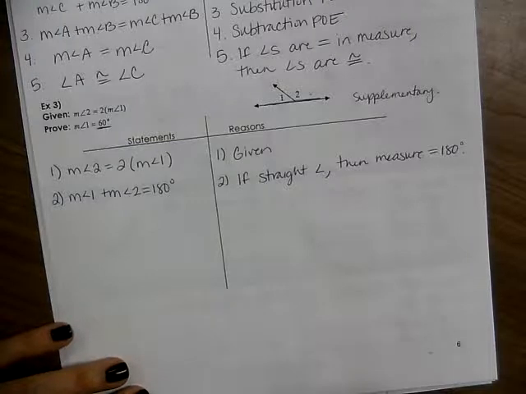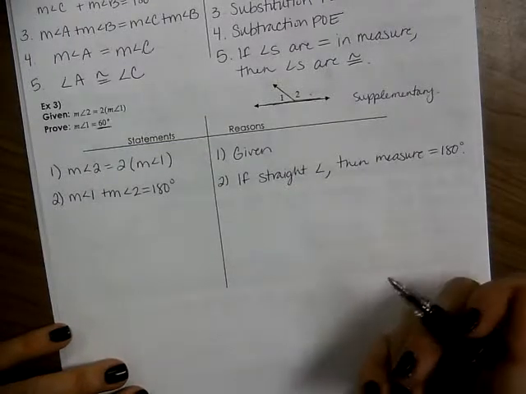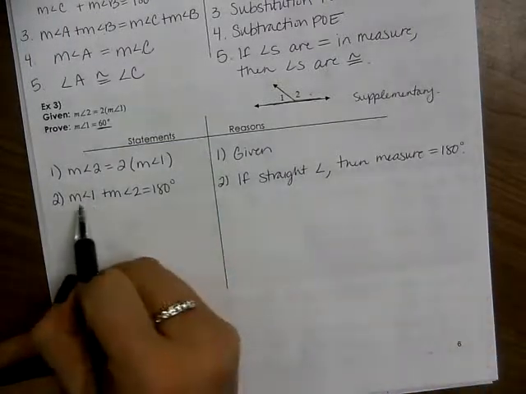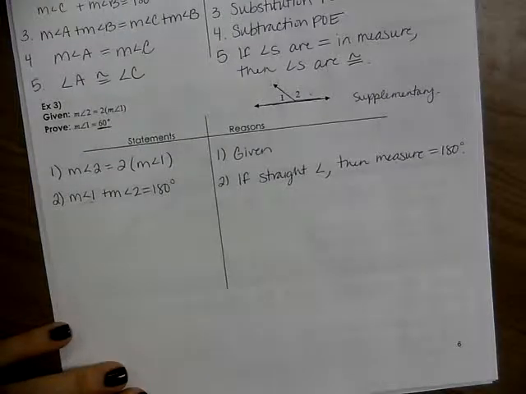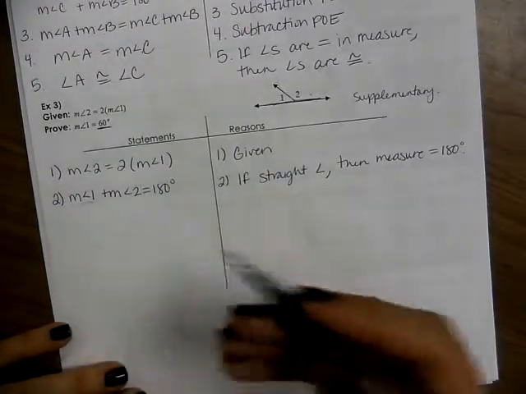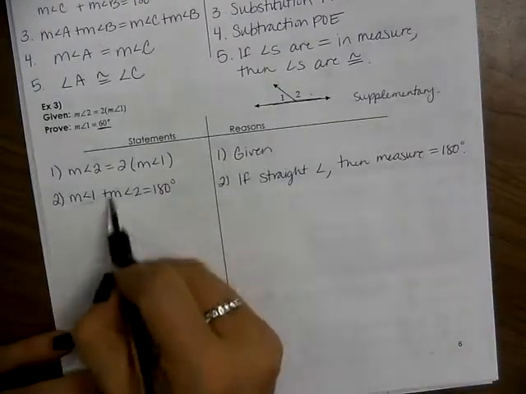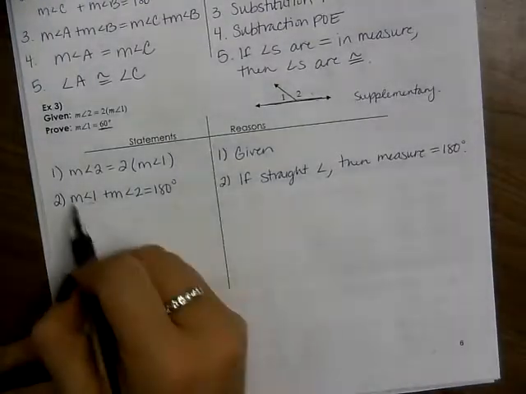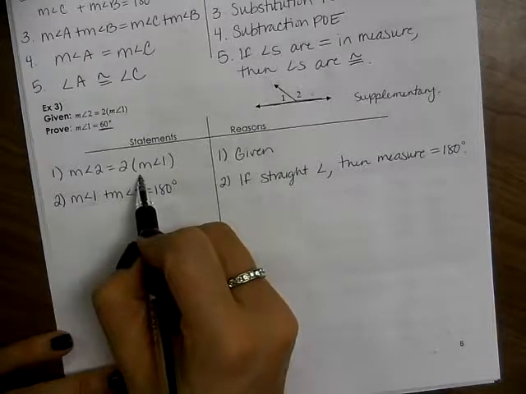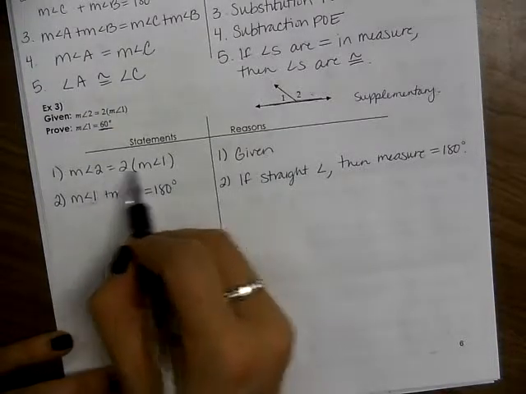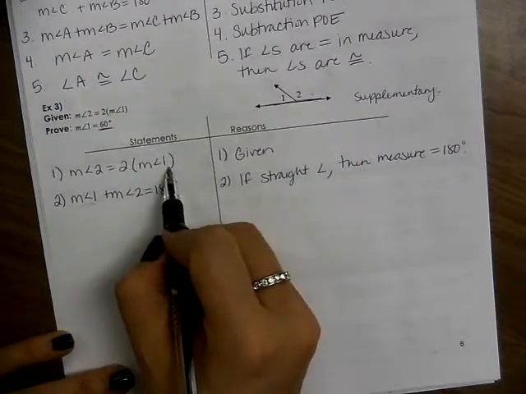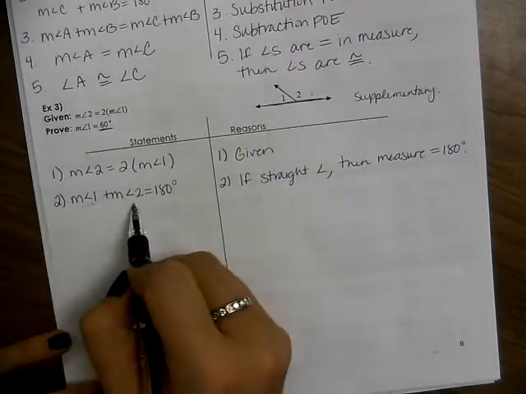Okay? Well, think about this. Somehow, I have to get just the measure of angle 1 by itself. It's kind of like I have x plus y equals 180, and I want to eliminate y, being the measure of angle 2. Well, if I go back up to my previous given information, I know that the measure of angle 2 is actually equal to 2 times the measure of angle 1, which will help me to eliminate this variable.